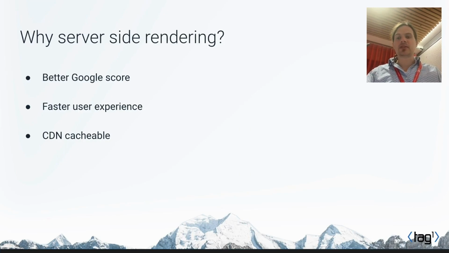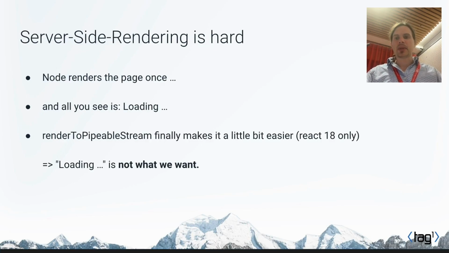With server-side rendering, you get a better Google score, a faster user experience, and your pages are CDN cacheable, which is a pretty big deal. So you pretty much need that, and you want CDN integration in all of that. But server-side rendering in general is pretty hard.